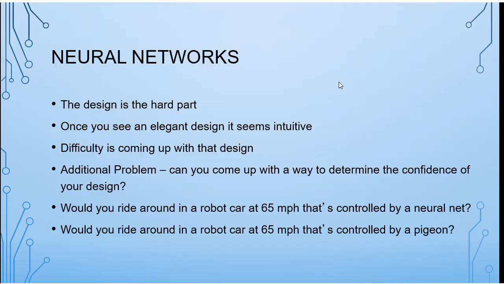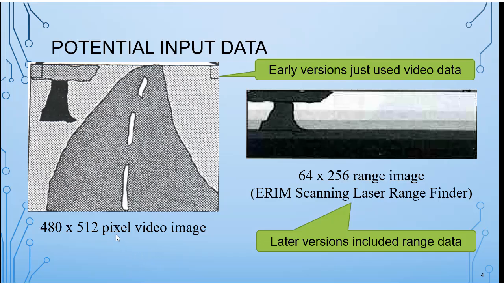Anyway, in the 1990s, 480 by 512 pixel images were pretty common. The earliest versions of this system just used a single image from the camera, or a sequence of images, obviously, from the video camera.